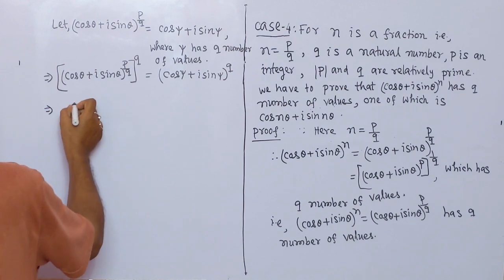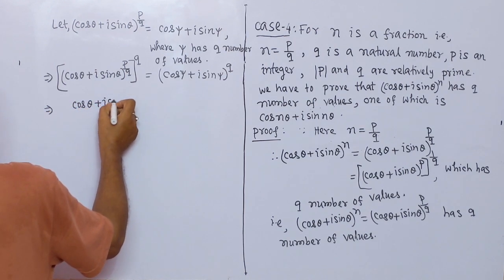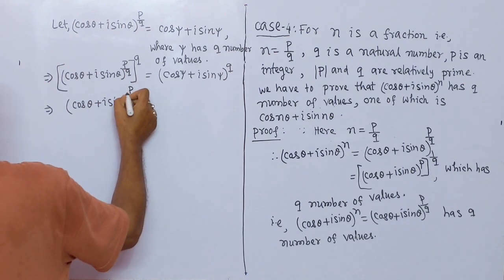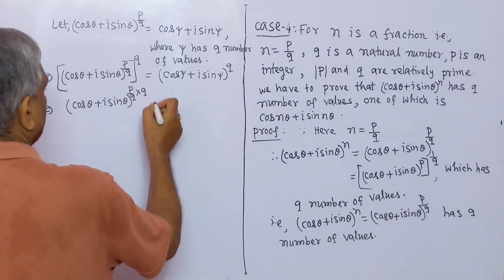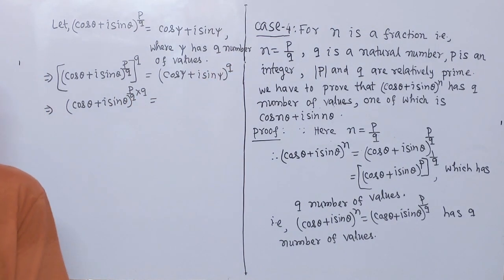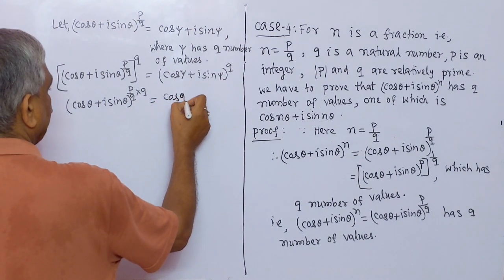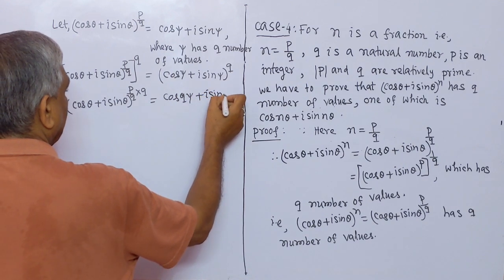This implies that (cos theta plus i sin theta) to the power p by q multiplied by q equals, here q is a natural number, so this will be cos q psi plus i sin q psi.